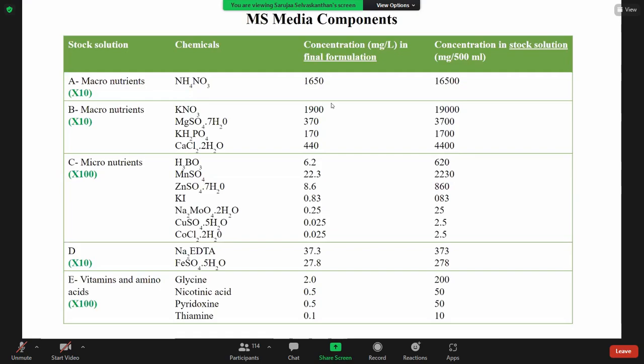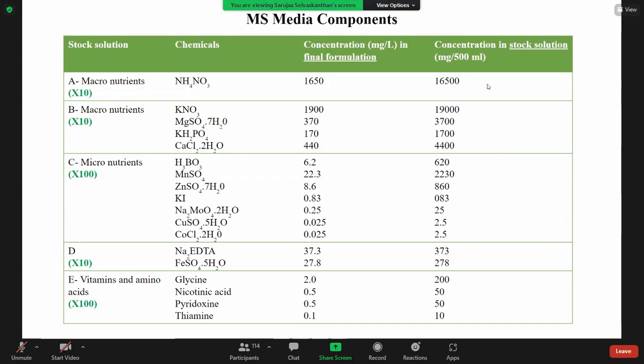Is it possible to measure all these chemicals each time and add them to the media? No, right? So we concentrate all the nutrients. Prior to preparing the media, we prepare the stock solution, which contains concentrated chemicals, and we keep it in the refrigerator. There are conical flasks there, right?